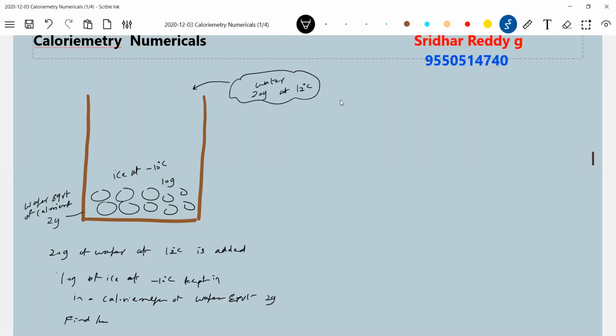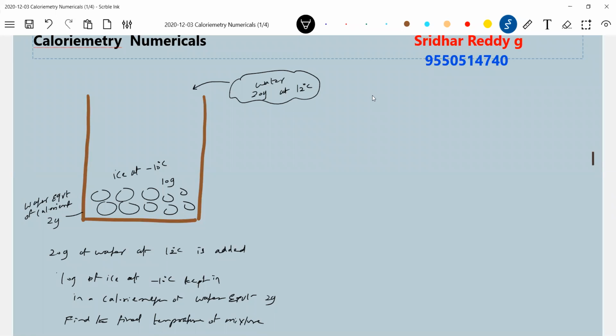Find the final temperature of the mixture. Okay, now we'll do one thing.